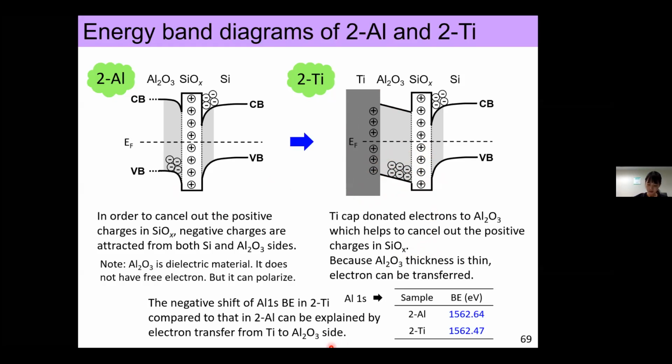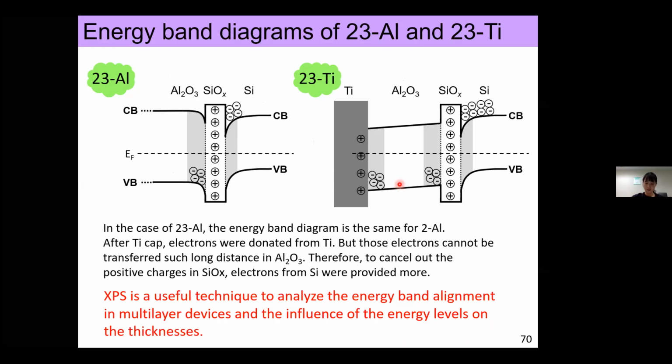So when you compare the binding energy of aluminum 1s for 2Al and 2 aluminum and 2 titanium, the negative shift of binding energy in 2 titanium can be explained by this electron transfer from titanium to alumina side. In the case of 23 aluminum, the energy band diagram is the same for 2 aluminum.